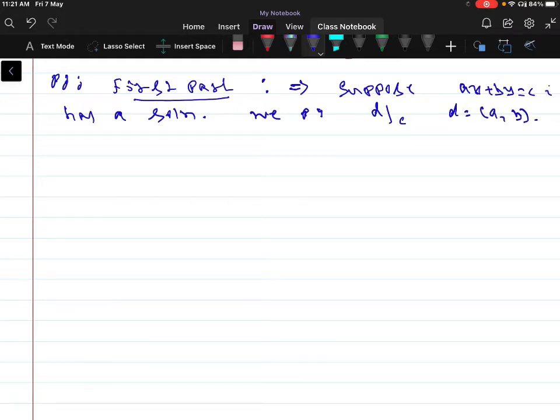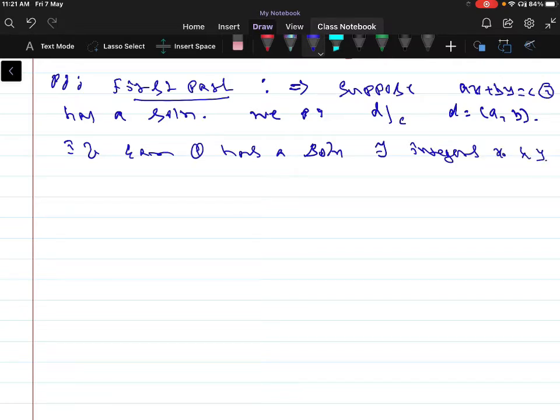Call this equation 1. So if equation 1 has a solution, then there exist integers x naught and y naught such that a into x naught plus b into y naught is equal to c. Let us call it equation number 2.